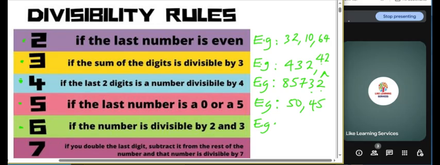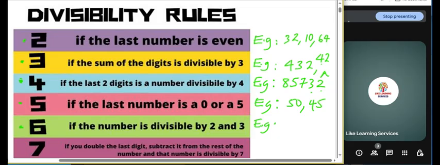I'm talking about number 6, divisible by 6 now. The rule is: if the number is divisible by 2 and divisible by 3.